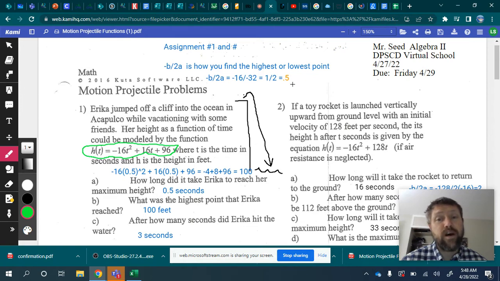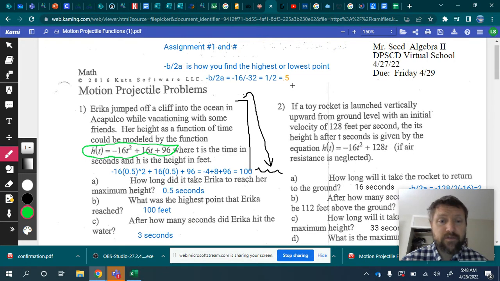Negative 16 divided by negative 32 is 1/2, or 0.5. That means after 1/2 of a second, she reached the highest point in her path, and then fell into the ocean, right? So we decided to find out what her height was.